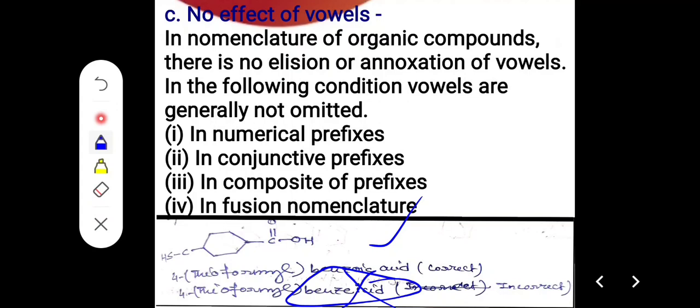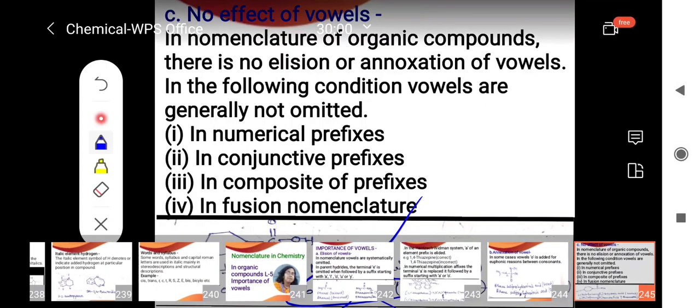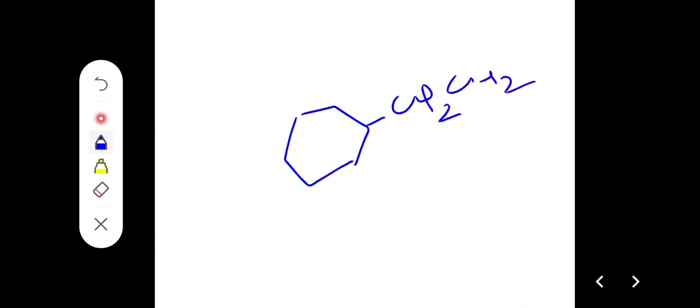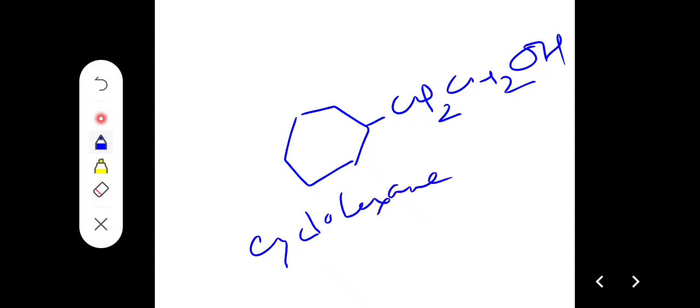Suppose there are other examples also. If we consider CH2CH2OH on a ring, that is cyclohexaneethanol. So there should be cyclohexane with the E there, and the E in ethanol also there.